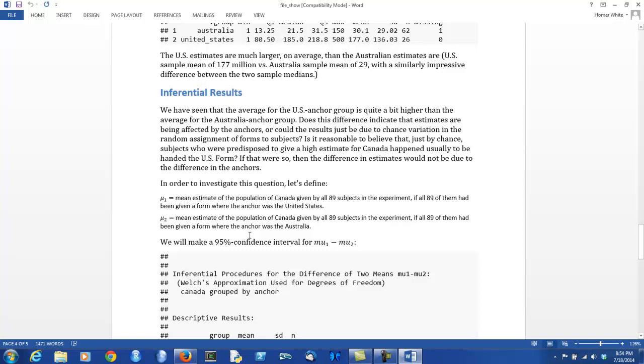Could it be that just by chance variation in the random assignment of forms to subjects, folks who were going to give a high estimate for Canada in the first place just happened to be assigned to the U.S. group, and folks who were predisposed to give a low estimate for Canada just happened to be assigned mostly to the Australia group? If that were to happen just by chance, then the difference between the two groups' averages could be due to that and not due to the anchoring. So is it reasonable to believe this could have happened?